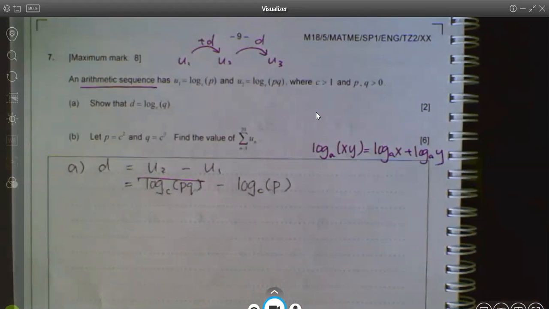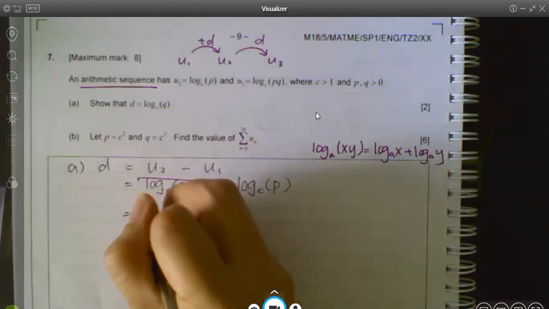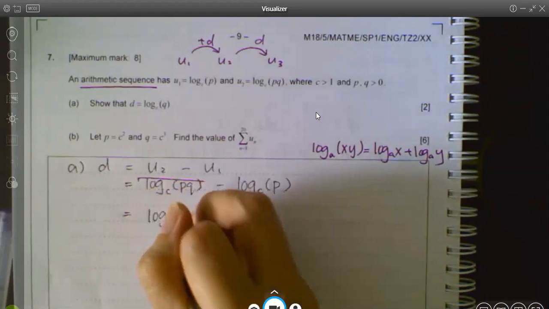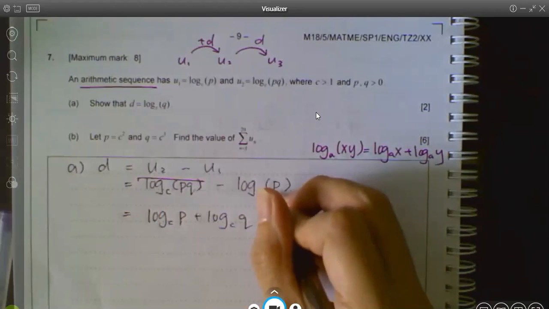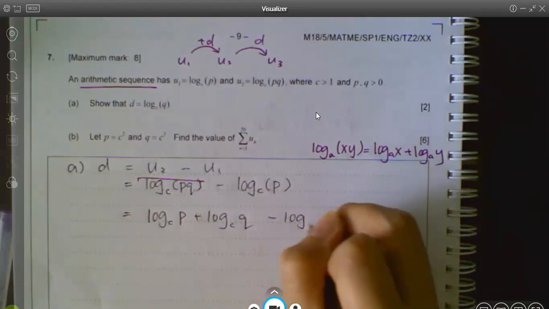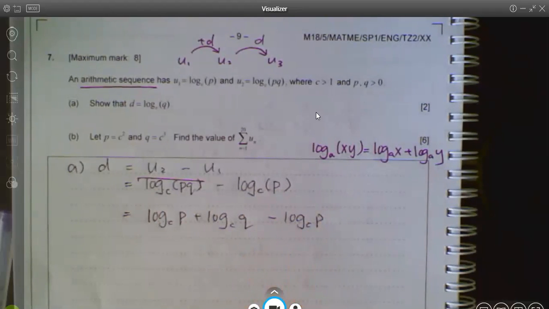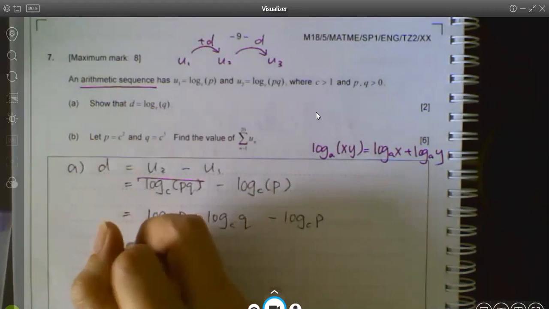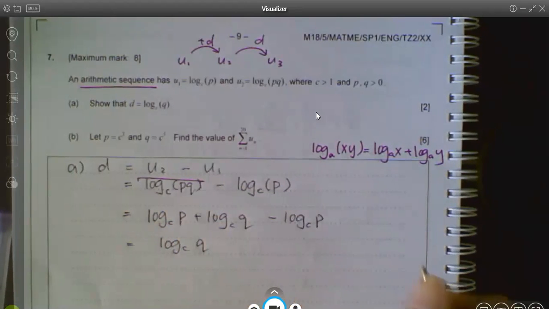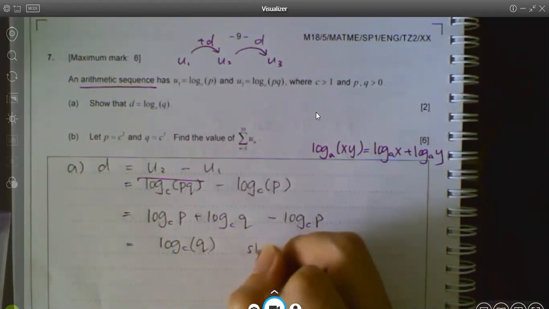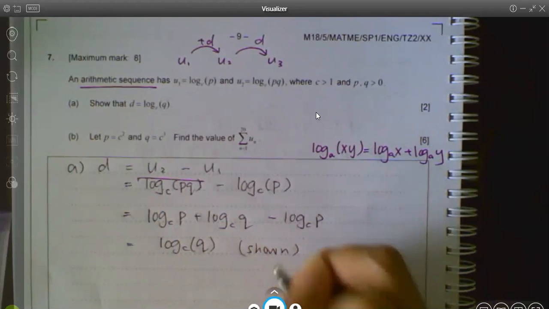So this will become log p plus log q, and I'll continue to subtract what used to be there, log p. So the two log p's will cancel out, and we are left with log q. And hence we have shown what we are supposed to for part A.